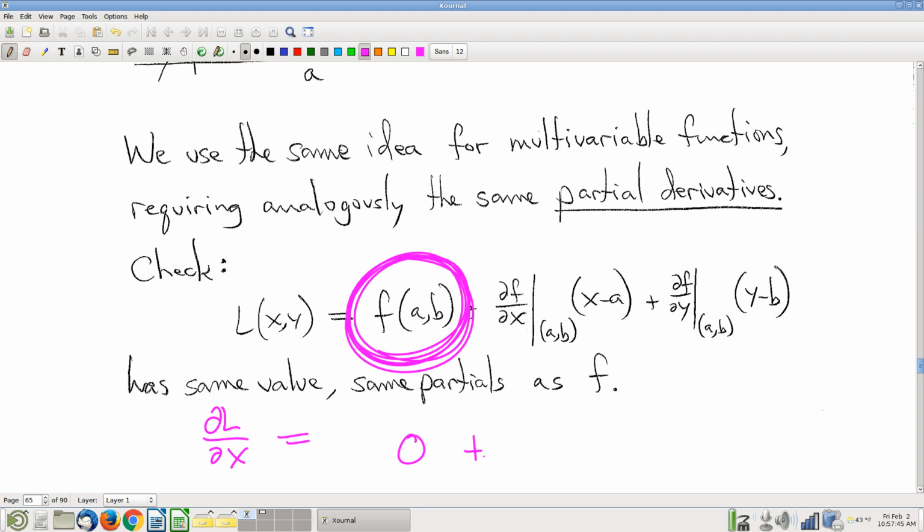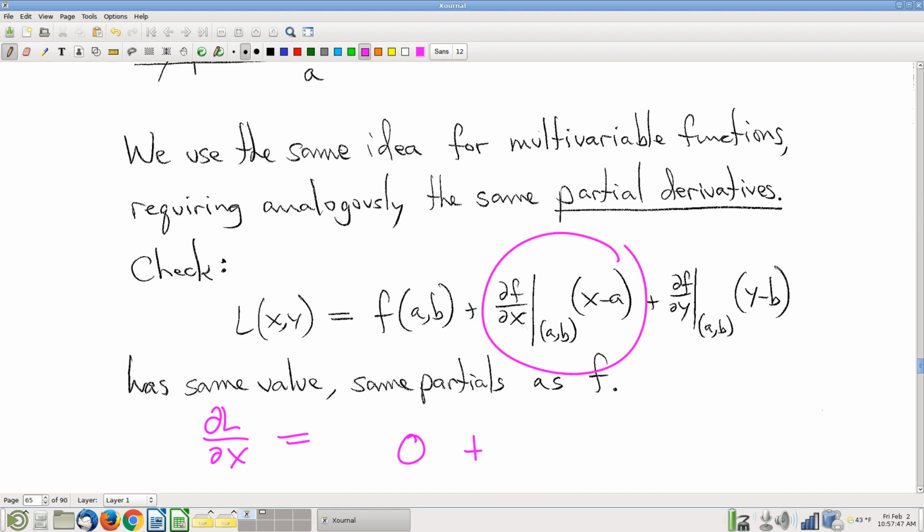Okay, what is the partial derivative now of that term with respect to x? Now, again, very, very careful. What do we have here? It's tempting to say that that's some sort of derivative function, but it isn't. This is not the derivative as a function of x. This is the derivative at the point a comma b.